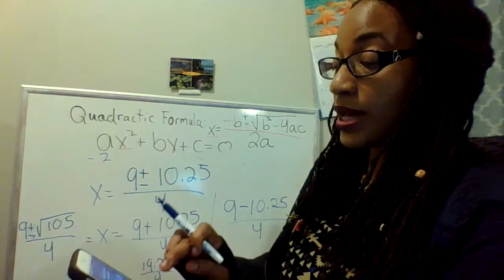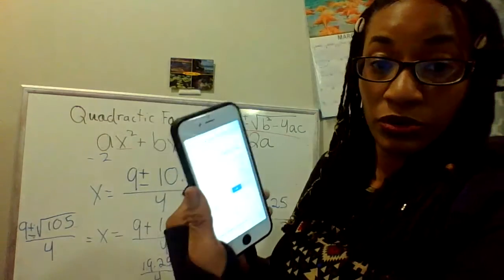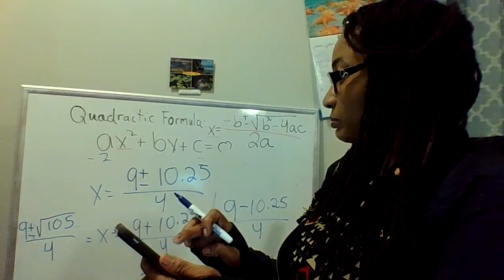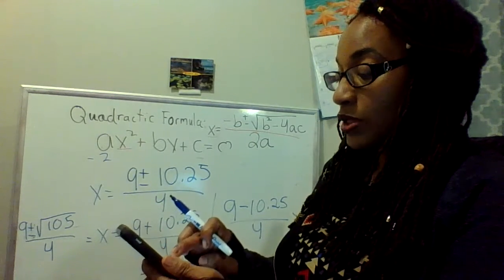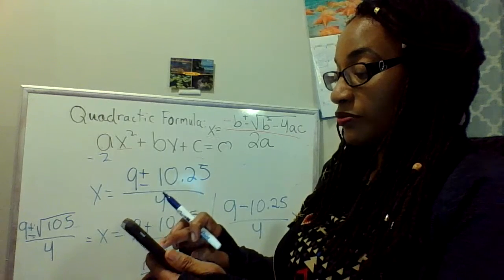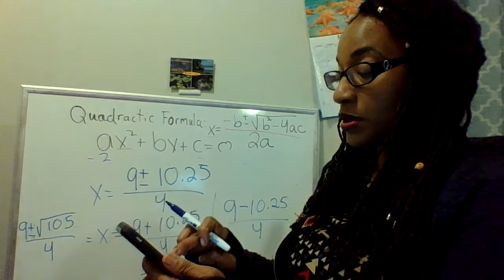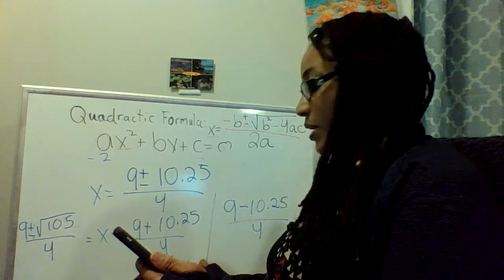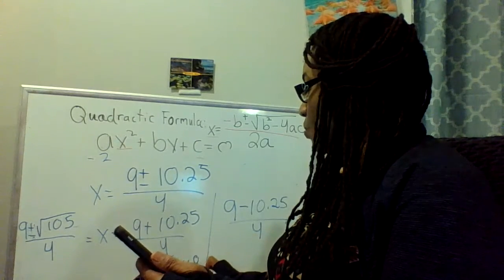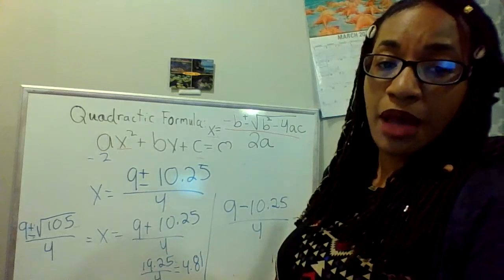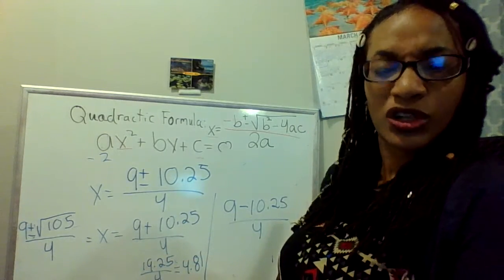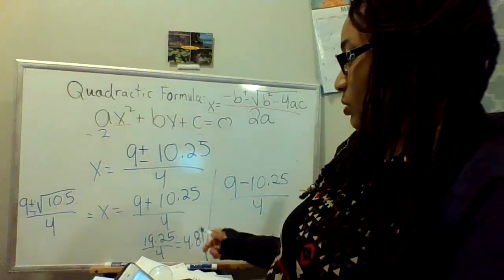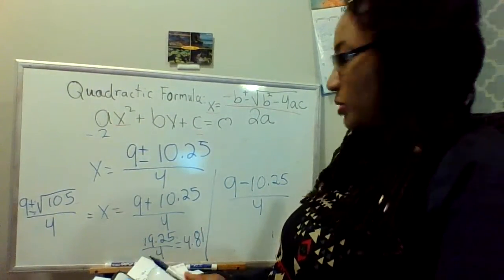I'm going to go ahead and plug that into my phone calculator or my Google calculator. You could use your Google calculator too. So let's do that. 19.25 divided by 4. And it equals, we get a number, 4.81. Sometimes math gets a little messy, and it's okay. We get into those decimals and those fractions of numbers, and that's okay.